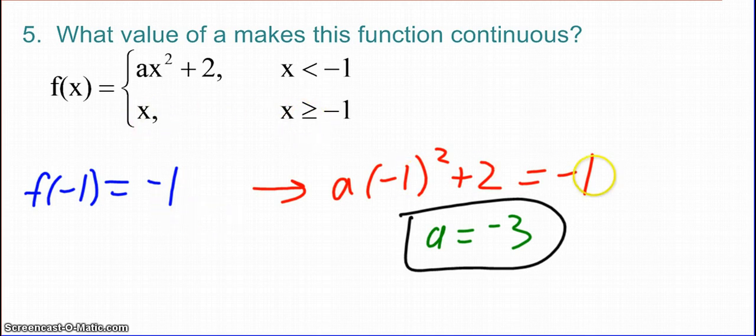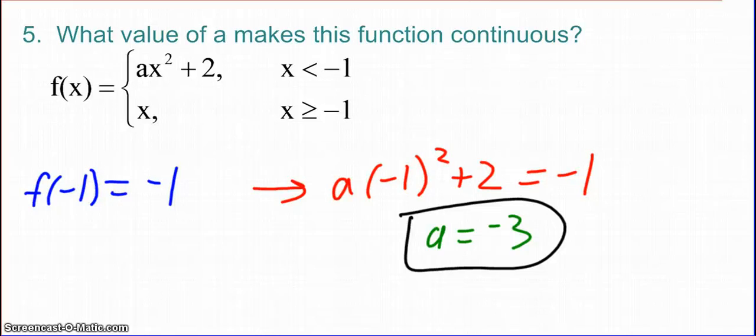So the limit from the left also needs to be -1. So therefore I set this function equal to -1 when x is -1. Plug that in, solve, I get a equals -3. So -3 is the value that will make this function continuous. You could double check that by graphing it on your calculator if you would like, or you could trust your algebra.